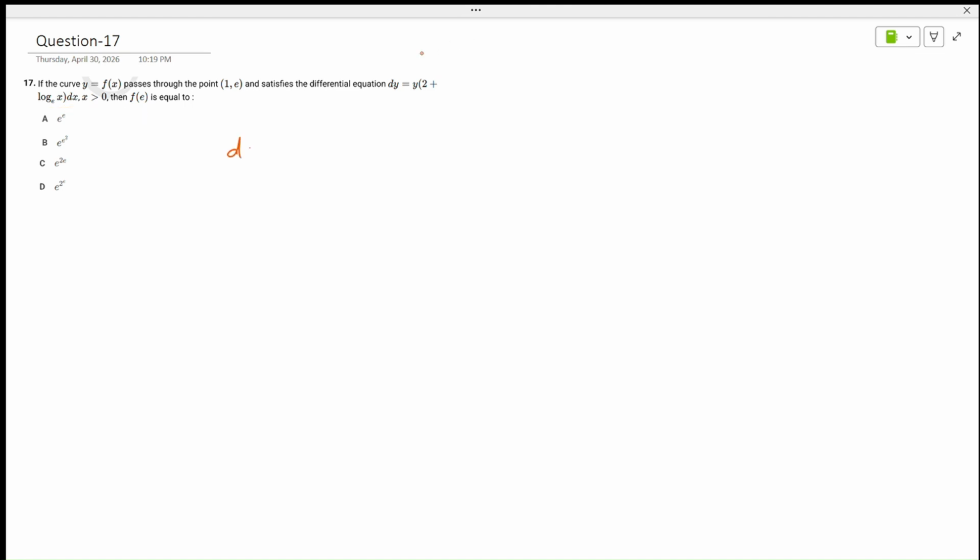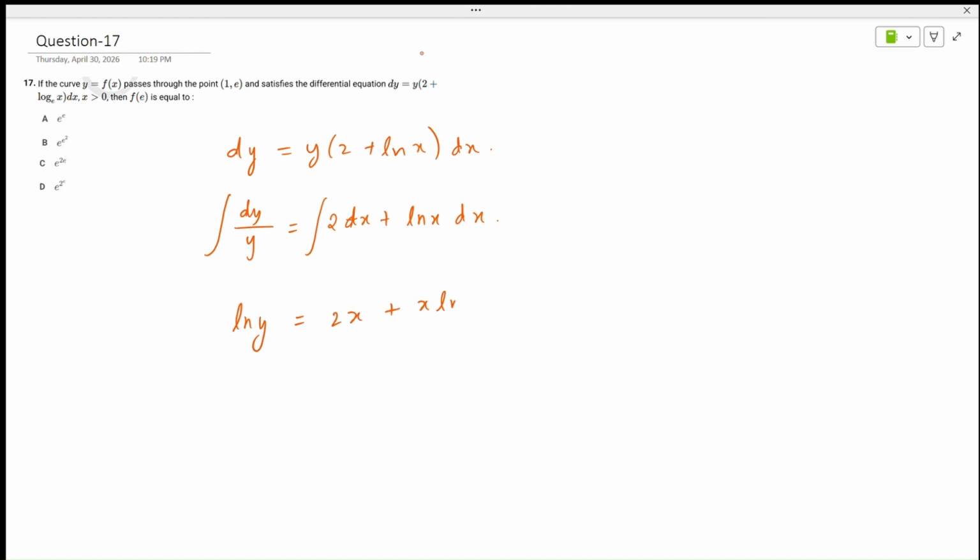The given equation is dy equals y of (2 plus ln x) dx. So by variable separable, dy by y equals 2 dx plus ln x dx. If we integrate on both sides, we'll get ln y equals 2x plus x ln x minus x plus c.